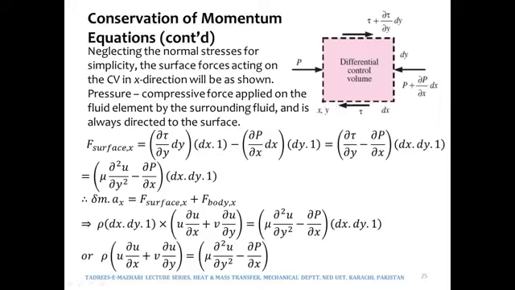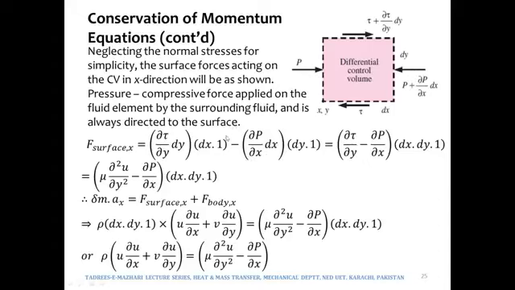acting upon would be dx times 1, and then the difference of this p and this p would give us ∂p/∂x times dx, but with a negative sign. Of course you can see p would get cancelled out, and ∂p/∂x times dx would be acting in this particular direction, meaning negative x direction.